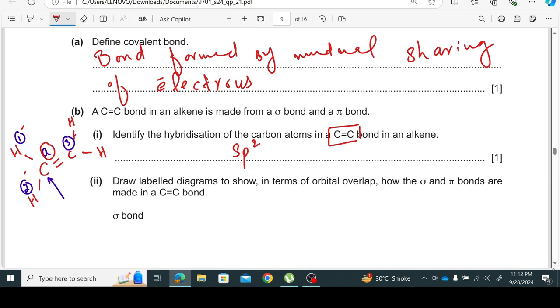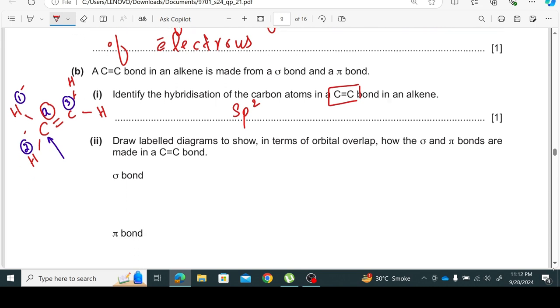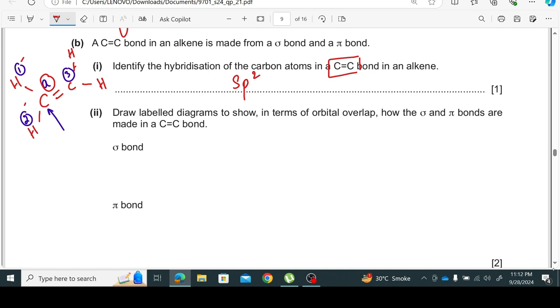Draw a labelled diagram to show in terms of orbital overlap how the sigma bond and pi bonds are made. You know, sigma bond, the first bond is always a sigma bond. You can see it is a carbon, the sp2. sp2 means 1s and px and py and pz. Understand?